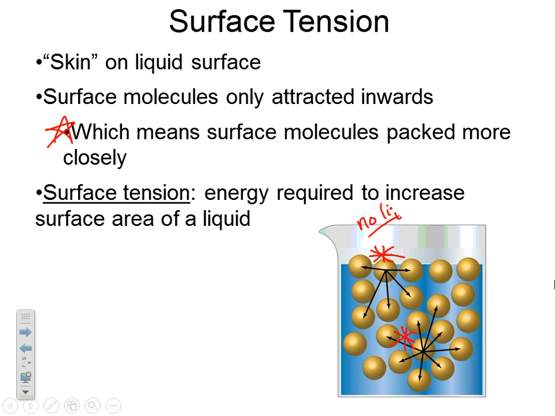And based on this definition, energy required to increase the surface area of the liquid, so energy required to separate the liquid molecules that are on the surface of a liquid, if you have stronger intermolecular forces of attraction, more energy is going to be needed to do that. So therefore, surface tension is going to be greater.